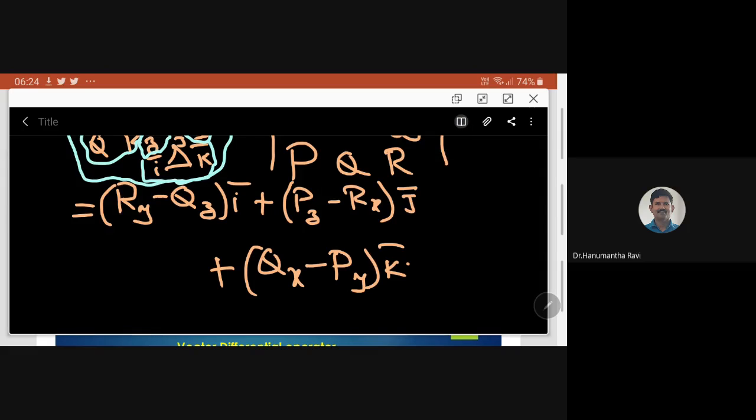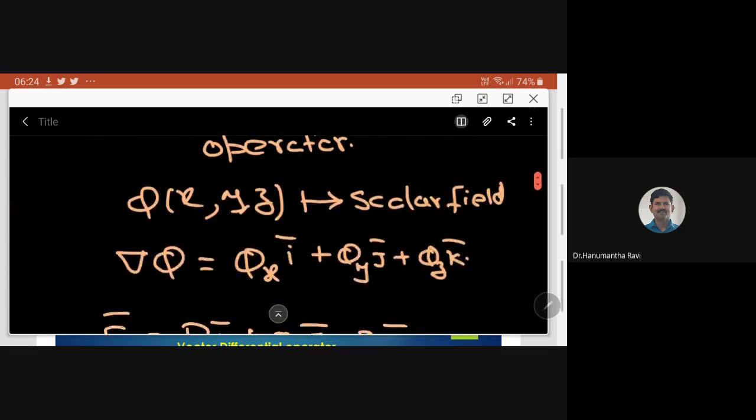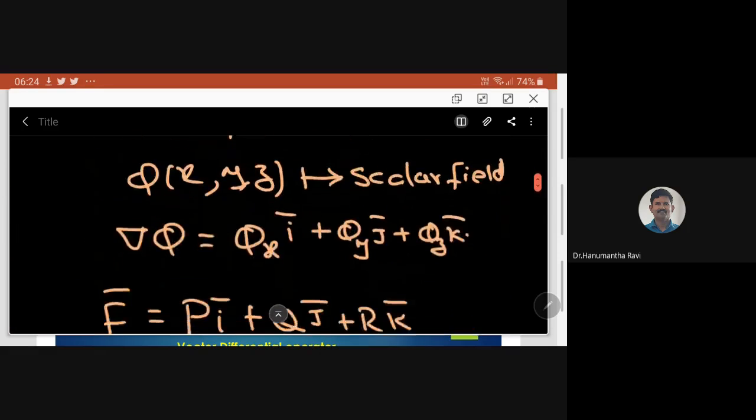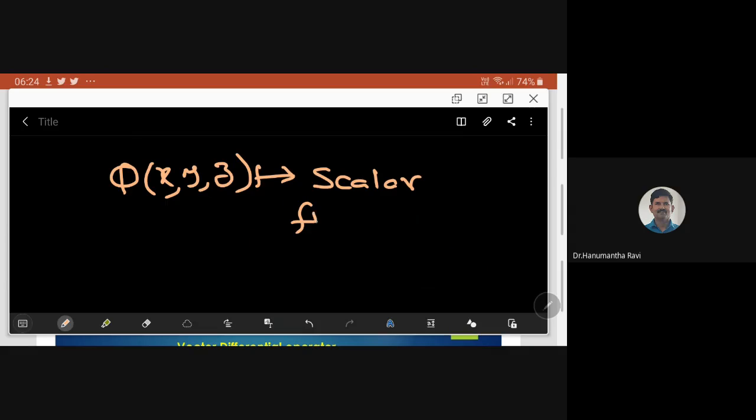Then there are a few meanings I will tell you. When you are thinking about a real valued function of three variables, that is of a vector variable, I call it a scalar field.